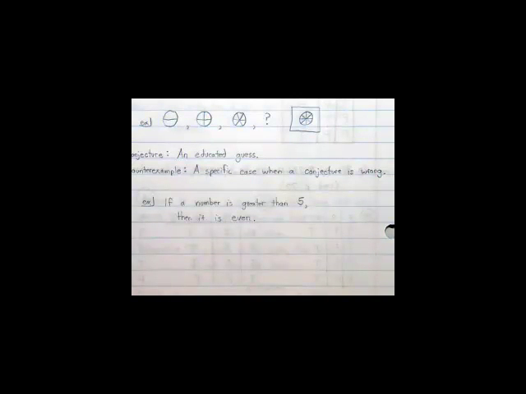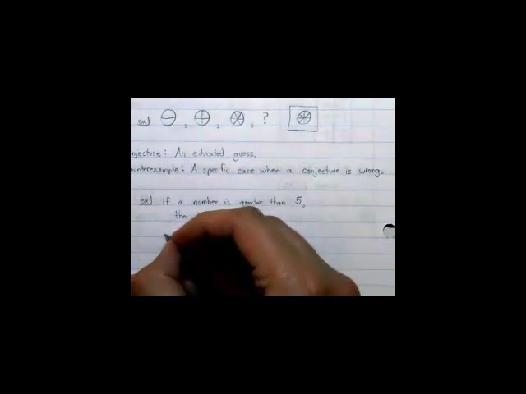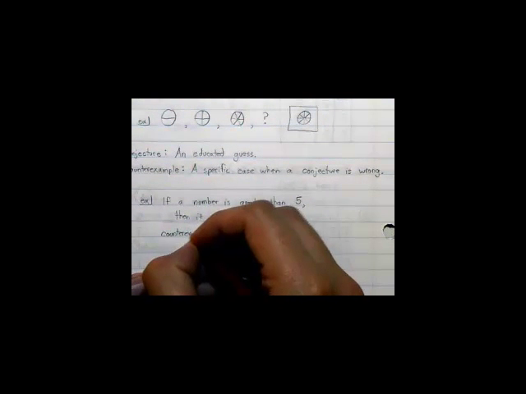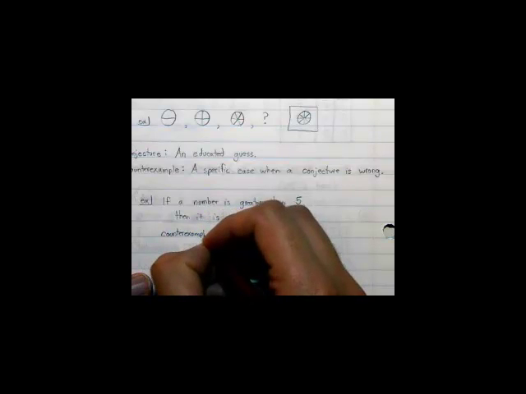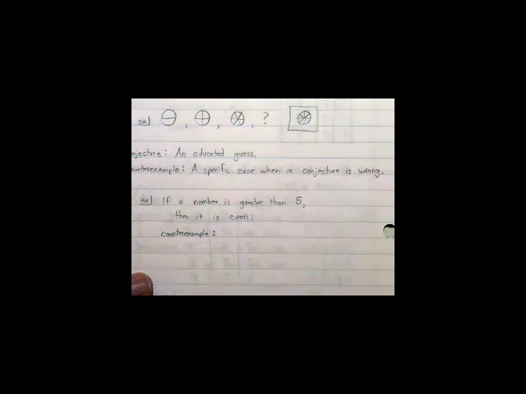If I have 6, it's even. So that one actually works. Yeah, 37 would work. And there are plenty of them.